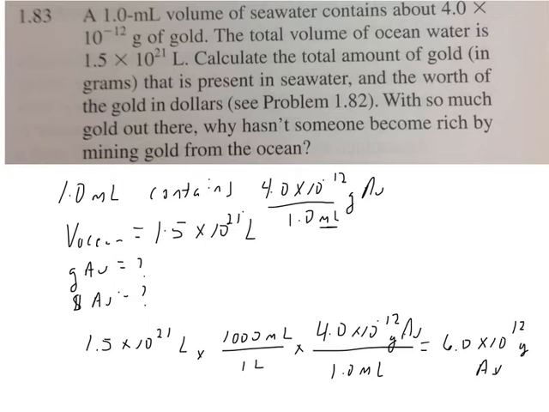Let's see how much money that is. So, they tell us to take a look at problem 82. And in problem 82, they tell us that the price of gold is $948 for every ounce. So I've got a mass of gold, 6.0 times 10 to the 12th grams of gold, and I need to turn that into ounces. I don't have a direct conversion from grams to ounces, but I convert grams to pounds.